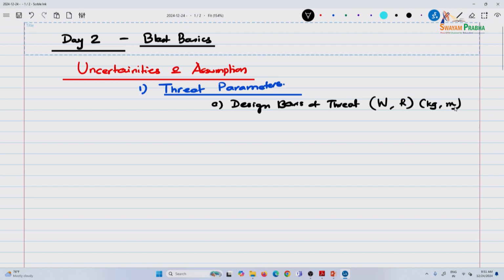I'll try to look at both the units as we go along in this course. And so this is the location, and if you see, the location is still prescriptive. So the size of explosive W and the location R, both are still prescriptive.